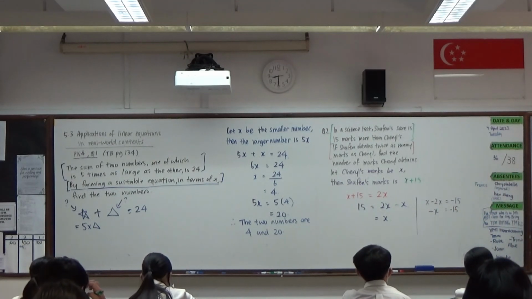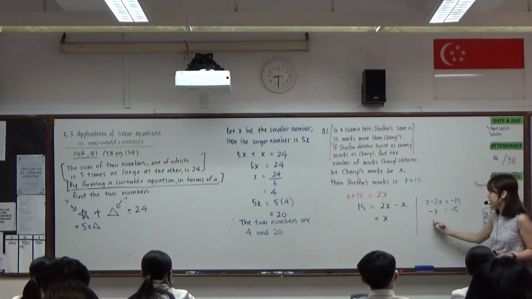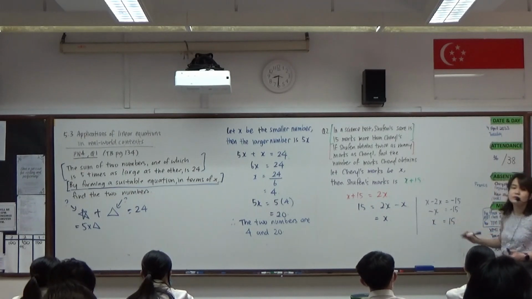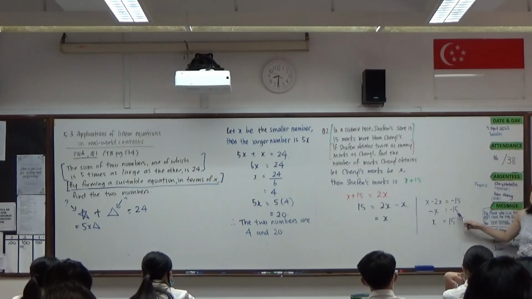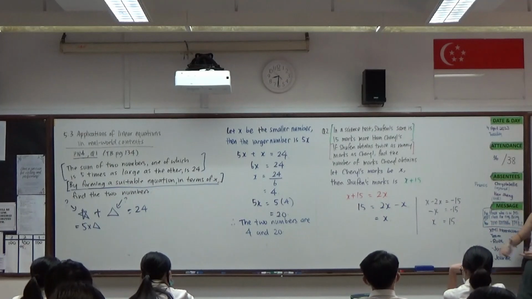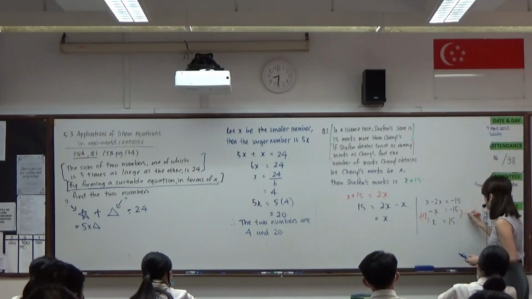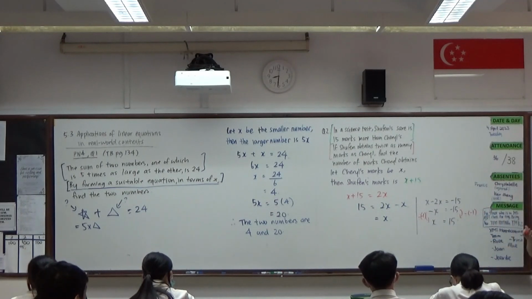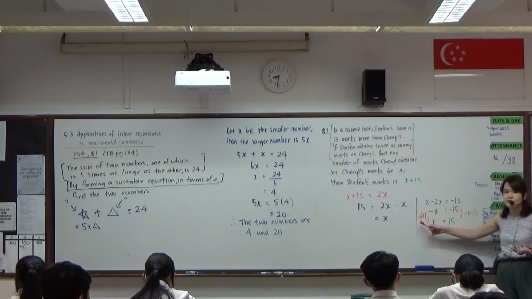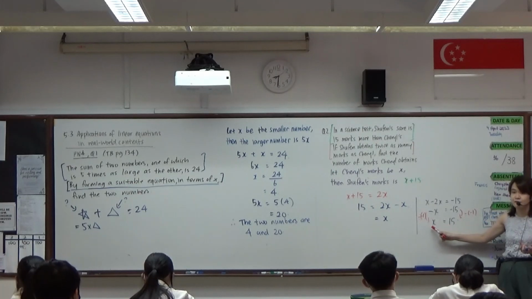Then some of you may be stuck over here. I want us to know that X will actually be equal to 15 because I divide both sides by negative 1. You can see that dividing or multiplying by negative 1 actually means the same thing, because negative divided by negative gives us positive.